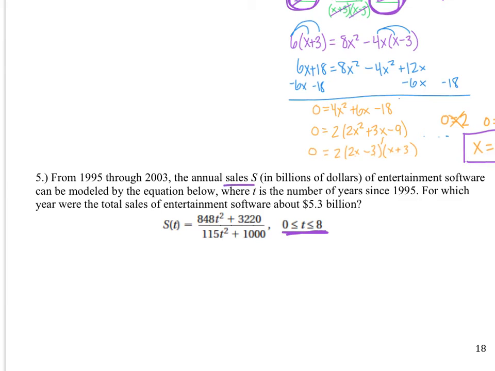of entertainment software can be modeled by this certain equation where t is the number of years since 1995. For which year were the total sales of entertainment software about 5.3 billion. So it's giving us the sales.